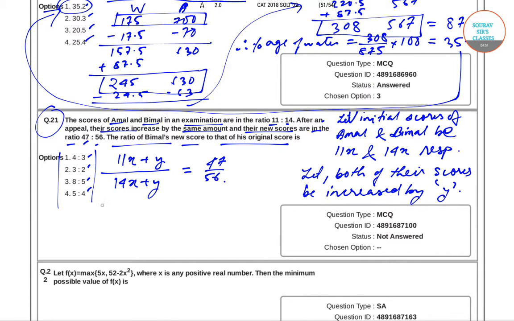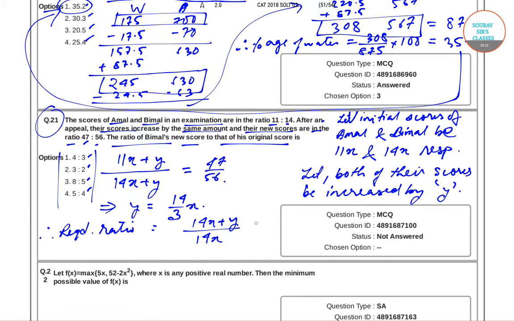47/56. Upon solving this, you will get that y is equal to 14 by 3 x. So therefore the ratio of Bimal's new score to his original score, the required ratio, so Bimal's new score would be 14x plus y and his old score was 14x.